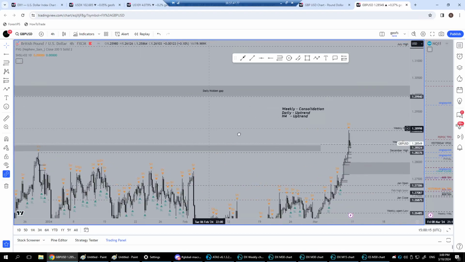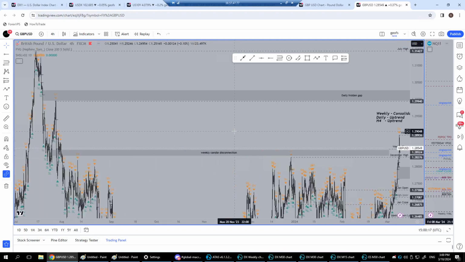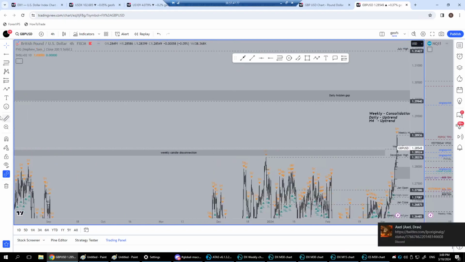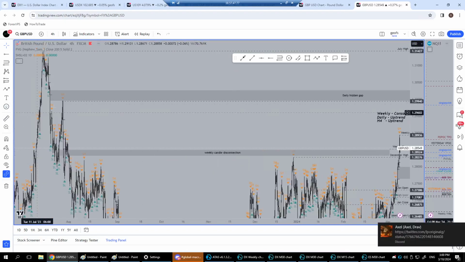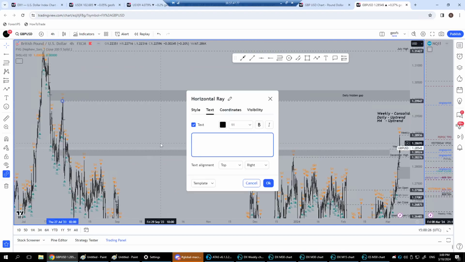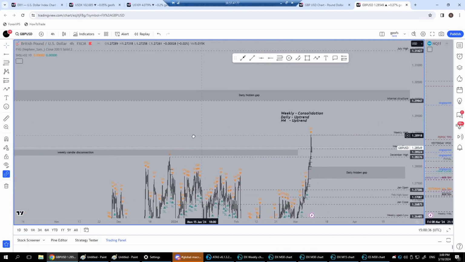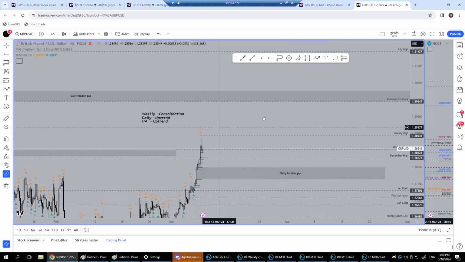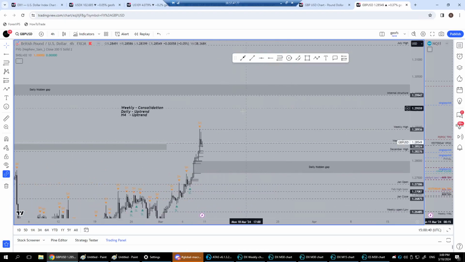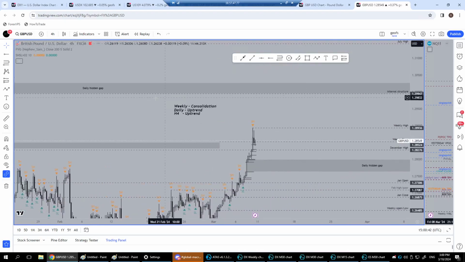What I would kind of expect is that a lot of people will want to short this, and we have this internal liquidity. So I'd watch out for that. It could make a run for 130. That's quite a ways away. Just keep an eye on that.